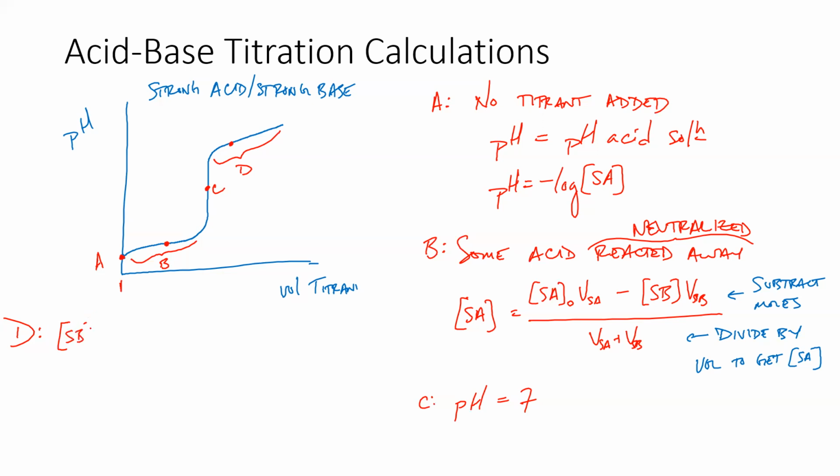The concentration of our strong base is equal to the concentration of our strong base to begin with times the volume of the strong base minus the concentration of the strong acid that we began with times the volume of the strong acid divided by the total volume at this point.